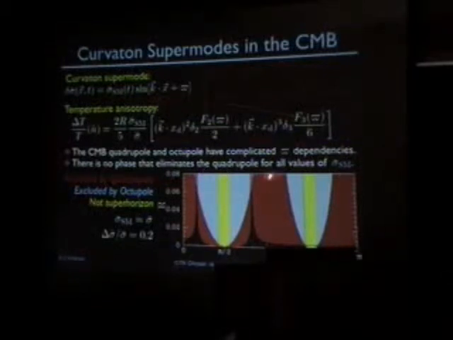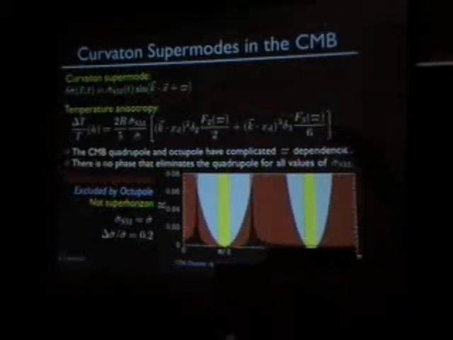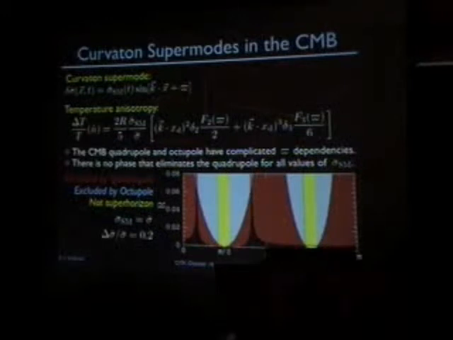That takes out most of the region here, except for this very strict upper bound. However, there are some sweet spots where the quadrupole will vanish. In those regions, it's the octupole in blue that gives you a constraint. And then finally, in yellow here, we've got places where we're on the maxima or minima of the potential perturbation, and so there is no delta sigma.